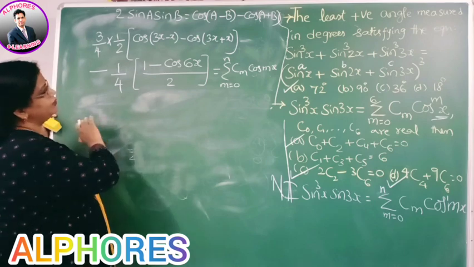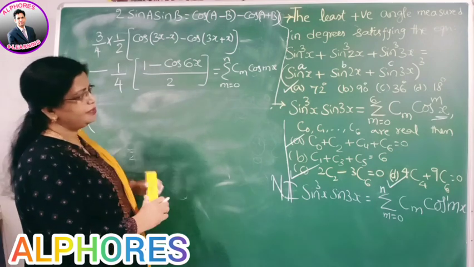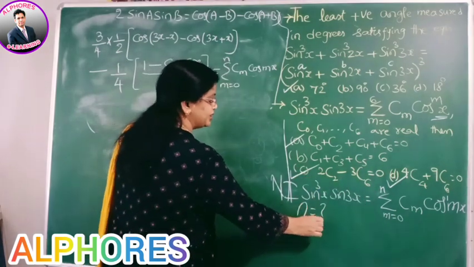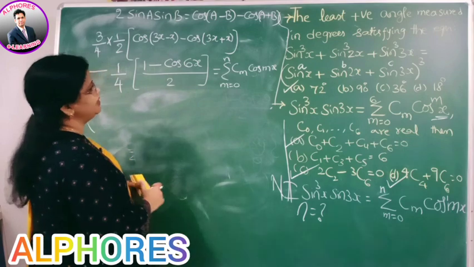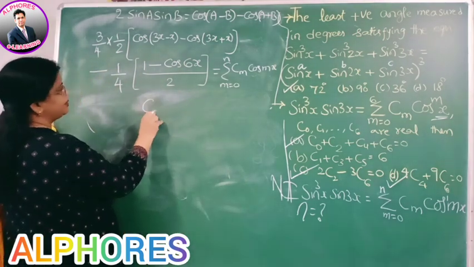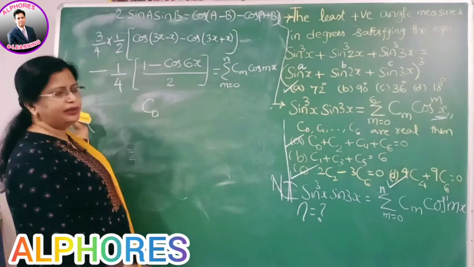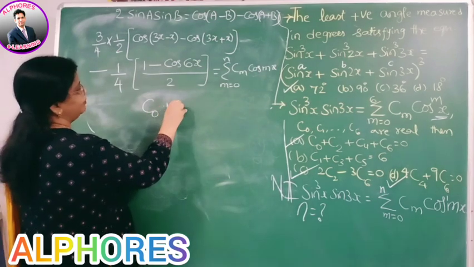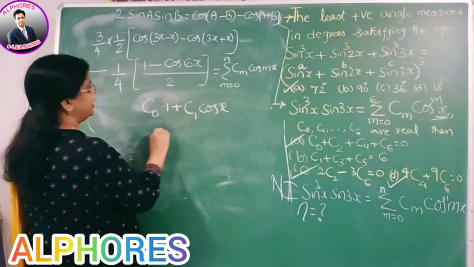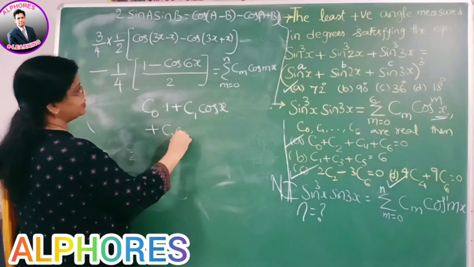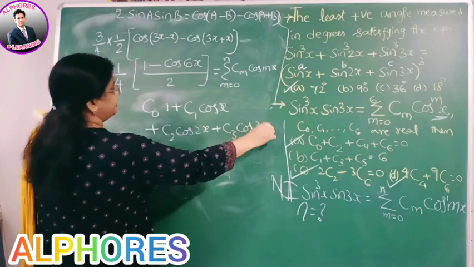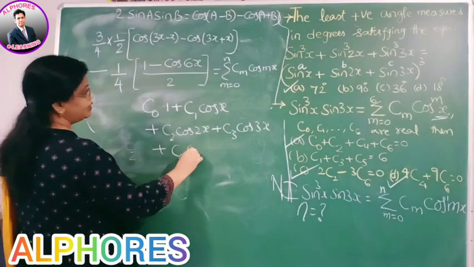Now just instead of writing all the other values, what is our question? What is the n value? Understand? N is how much? Numerical integer. So what is the last value where the process can terminate? It is RHS. If I expand, C naught cos 0 into x, so you will get 1, plus if I put 1, C1 cos x, and if I take n as 2, C2 cos 2x, right? And plus C3 cos 3x. After that you will get C4 cos 4x.